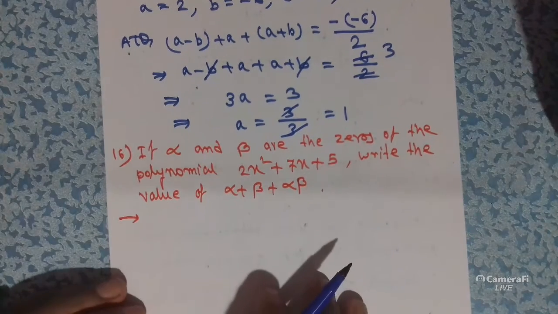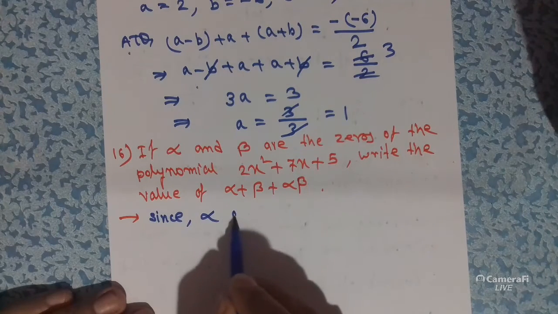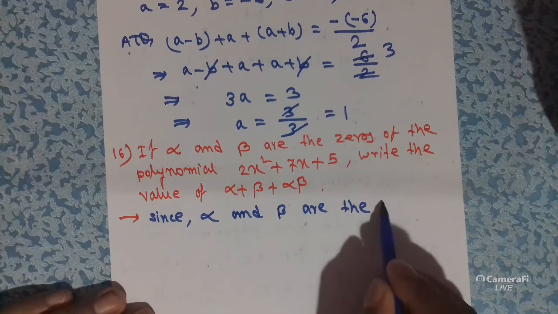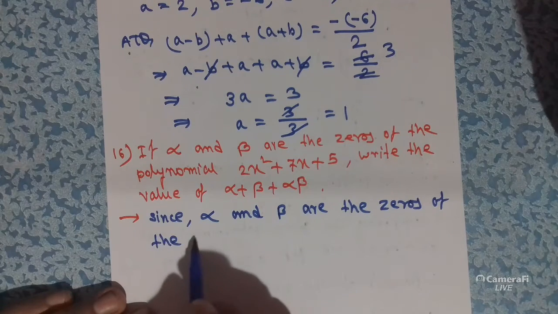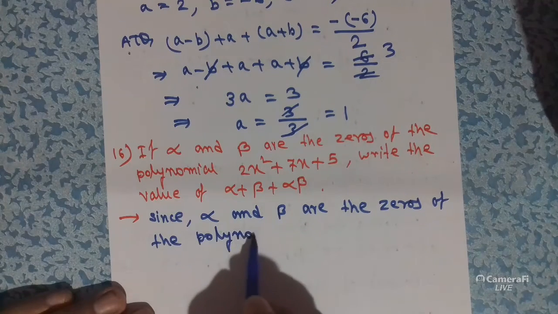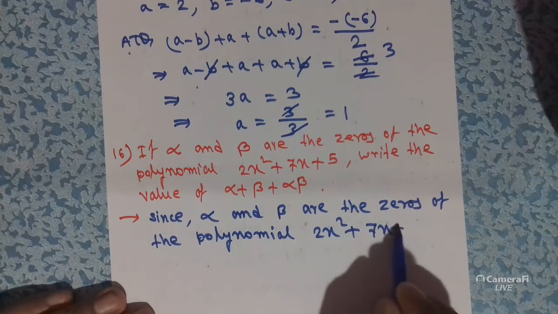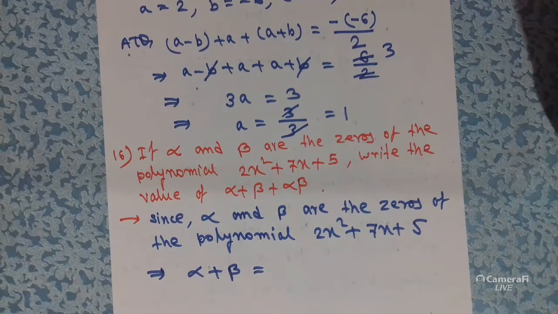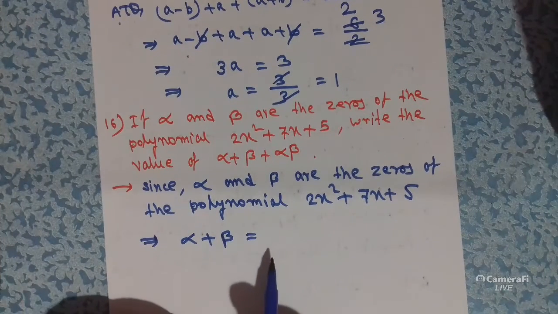Since alpha and beta are the zeros of the polynomial 2x square plus 7x plus 5, this implies alpha plus beta, which means sum of the zeros, and we know that sum of the zeros is minus b by a.